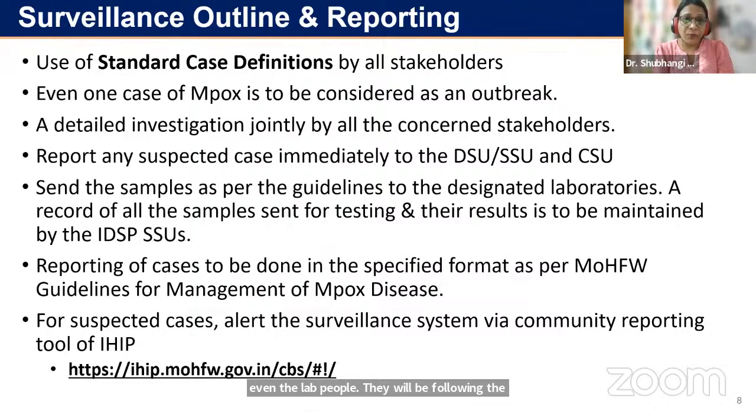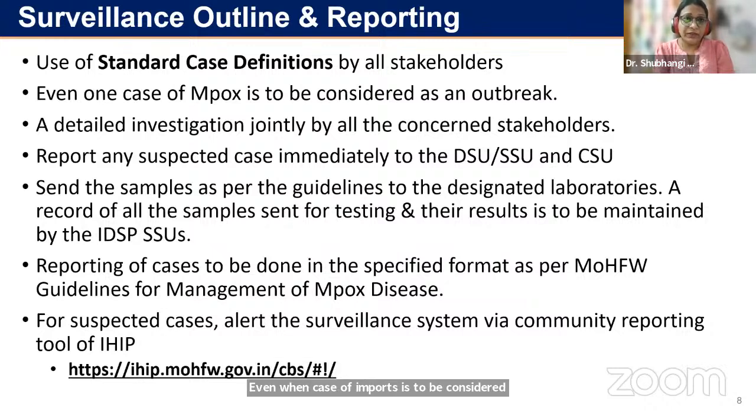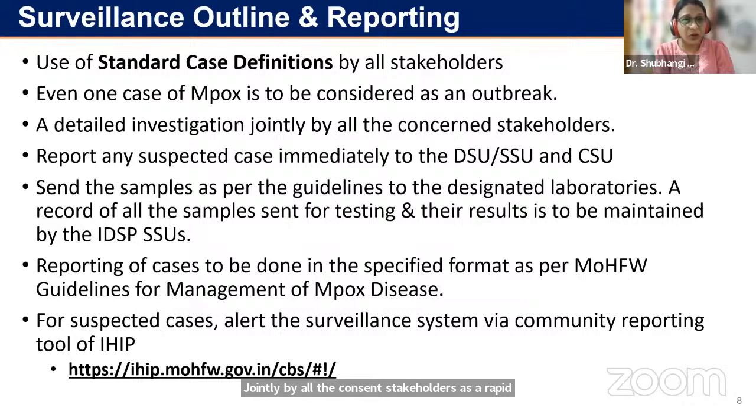Even one case of Mpox is to be considered as an outbreak, and that needs to be notified. A detailed investigation jointly by all the concerned stakeholders. As a rapid response team, we do this in all the outbreak conditions, and here also we will have to respond together with the concerned stakeholders.